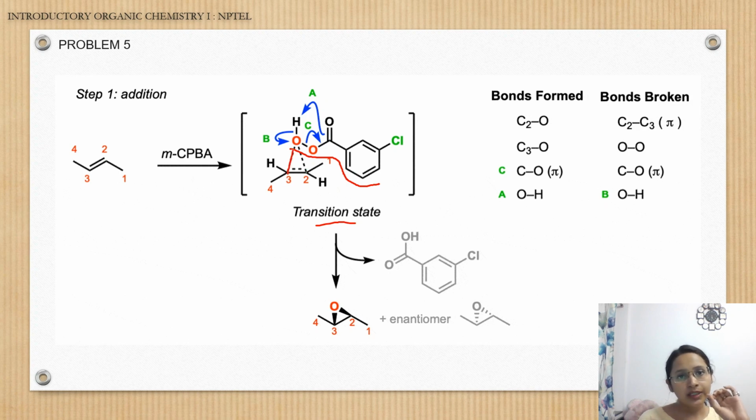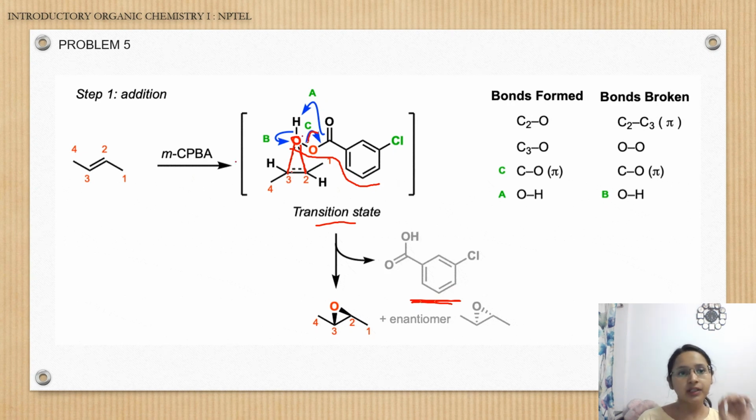Here you will have coordination with this oxygen of the peroxide linkage, and you will end up having this peroxybenzoic acid, benzoic acid in the system. So now one of the oxygens from this peroxide linkage will get transferred to this alkene bond.